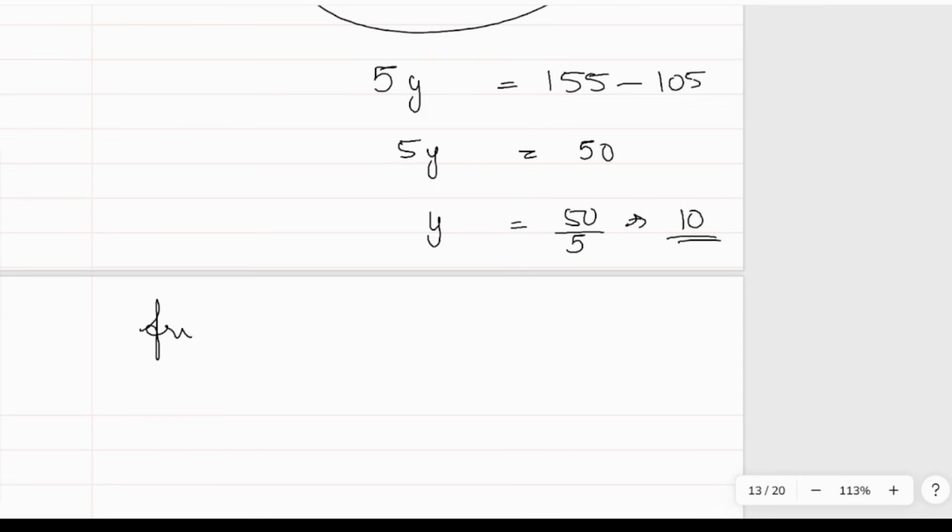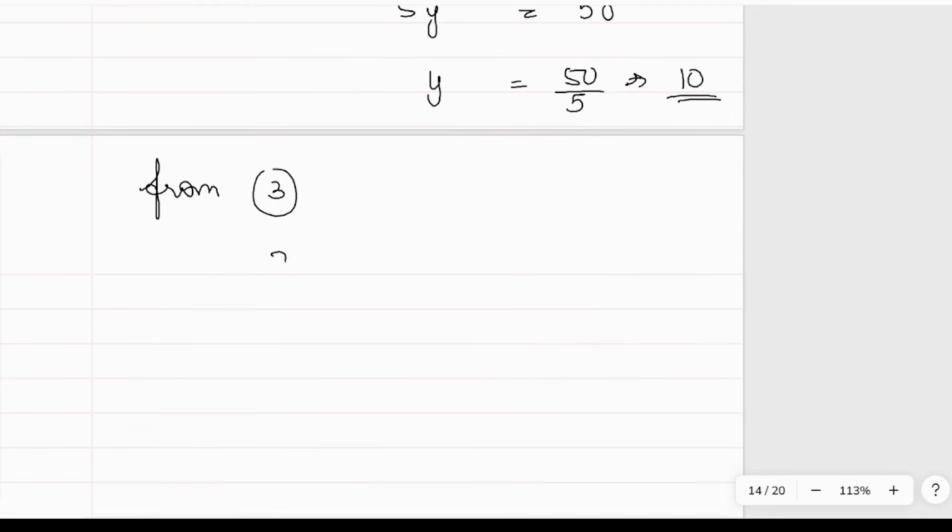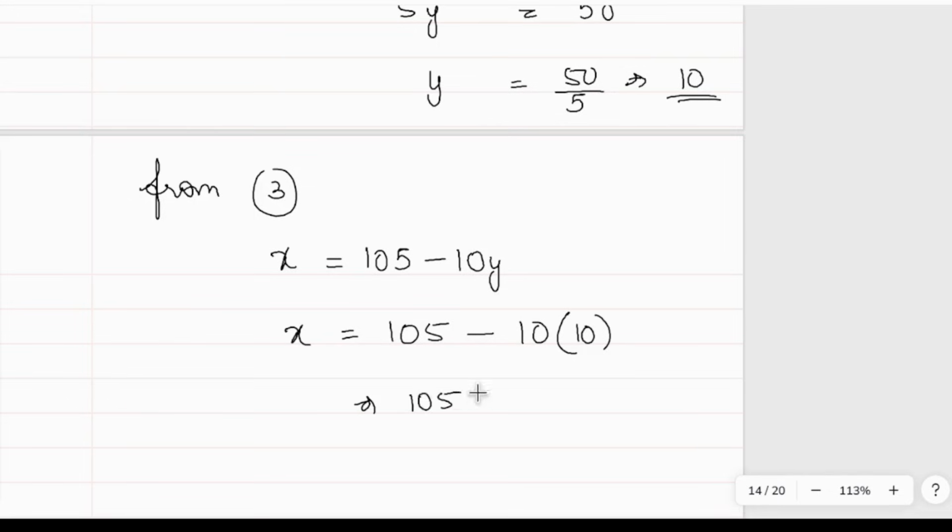Now we need to find x, right? From equation 3, what is our equation? x is equal to 105 minus 10y. So we need to substitute in this equation. Therefore, x is equal to 105 minus 10 into 10, which is 105 minus 100, which is equal to 5.